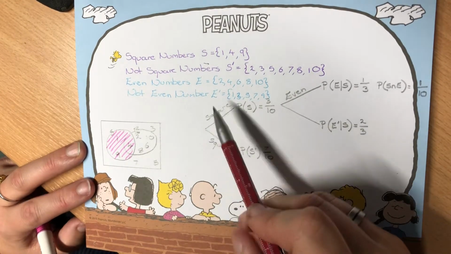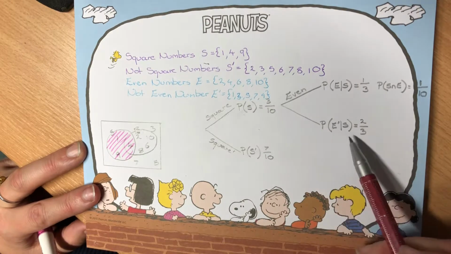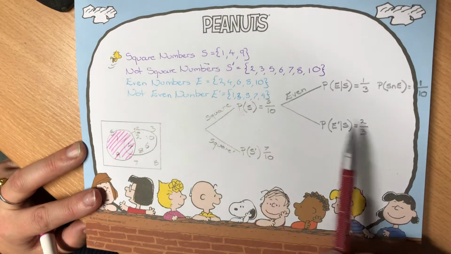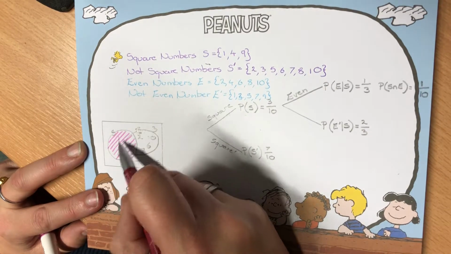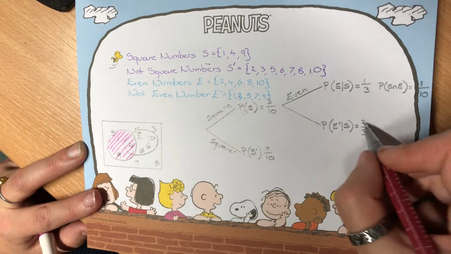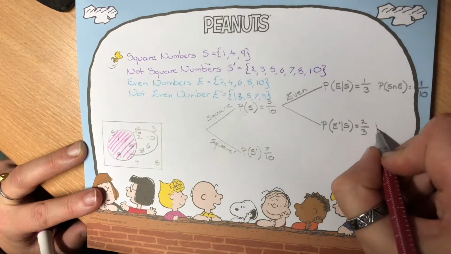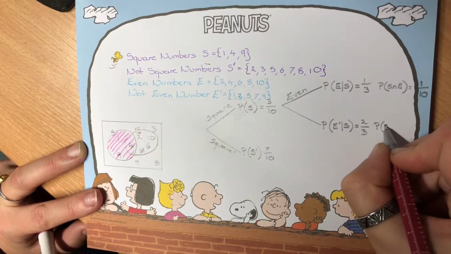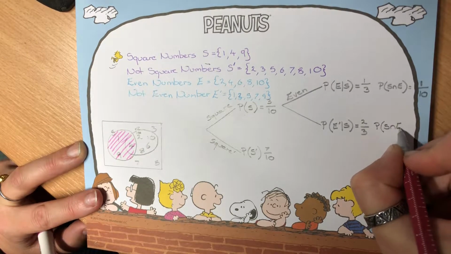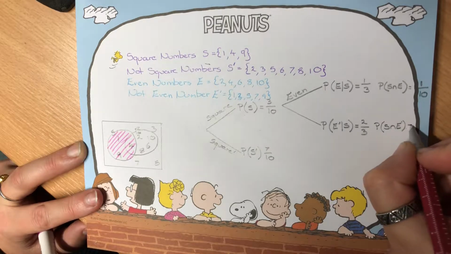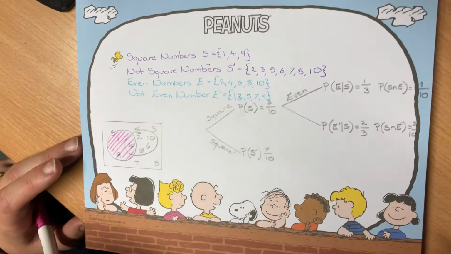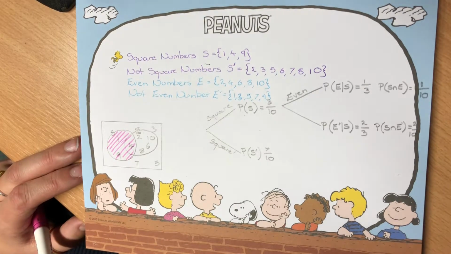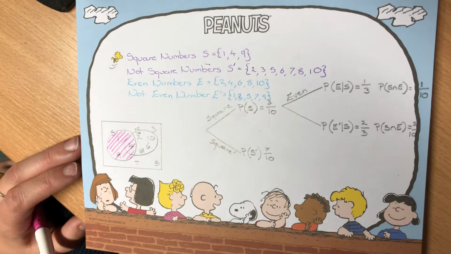The other option that we had is square and not even. If we multiply these two together, we get the bits that are square and are not even, so just that 1 and 9. So the probability that we are square and not even is going to be 2 out of 10, and we don't have to cancel it down because it's probability.